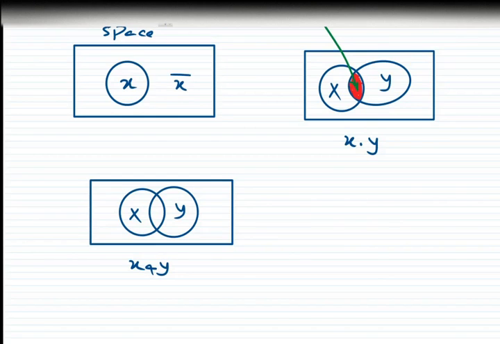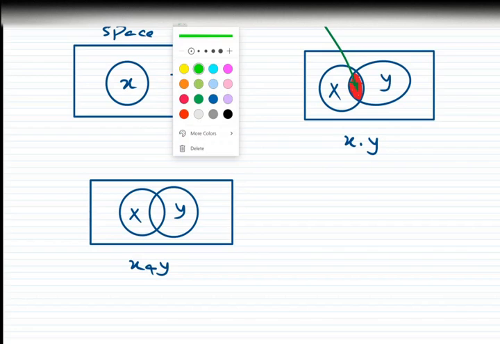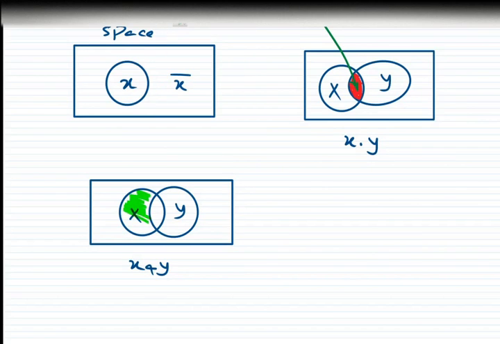It means that any part which belongs to x or y or the common area, both of them, is all. So the green highlighted area is OR gate.